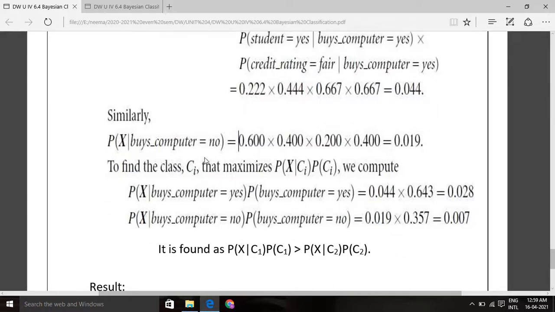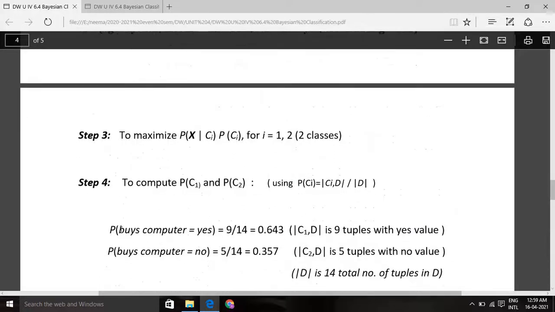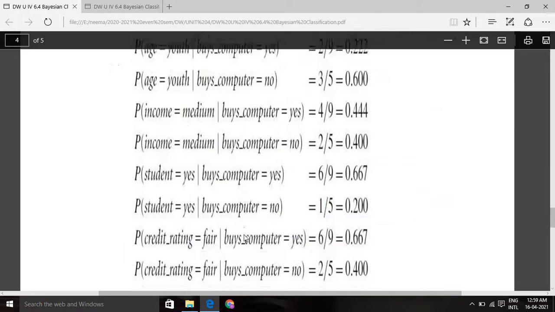Now we multiply this P of X given Ci by P of Ci, which we found earlier: the probability of buys computer yes is 0.643 and of buys computer no is 0.357.